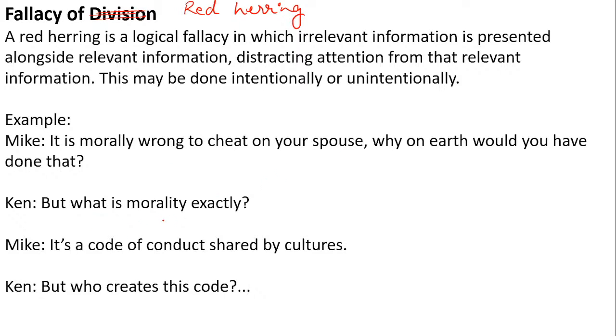But Ken is distracting Mike's attention to irrelevant information. So this is called the fallacy of red herring, when some irrelevant information is put up to divert from relevant information.